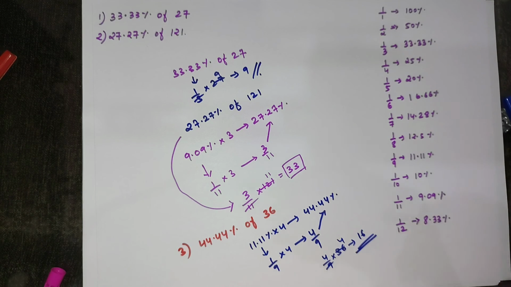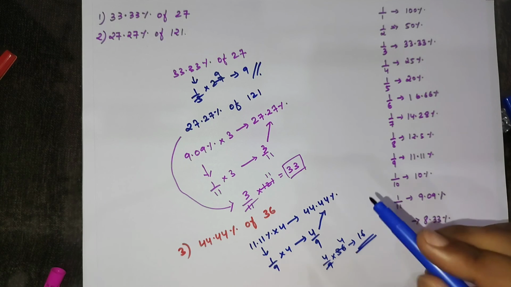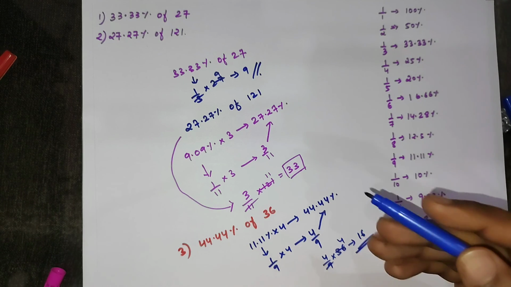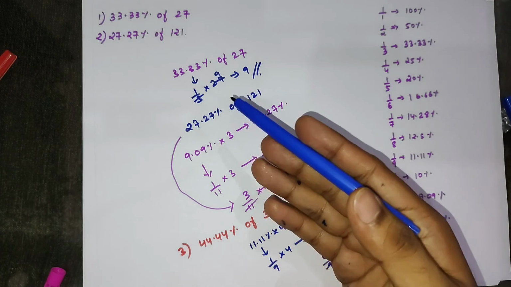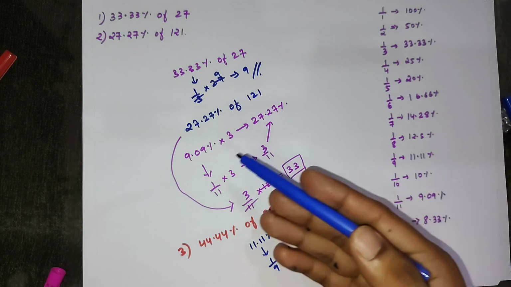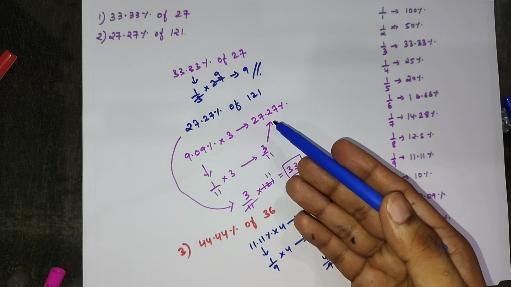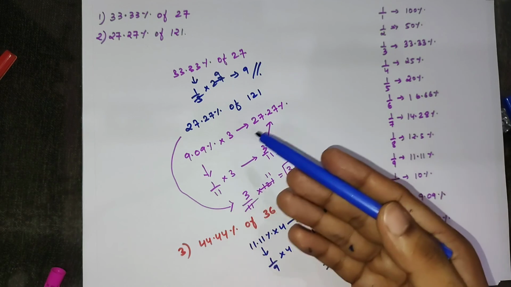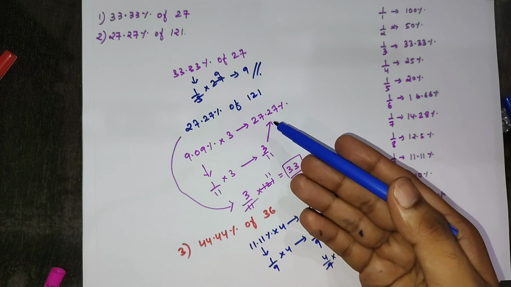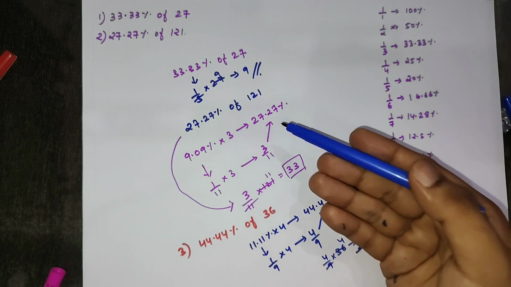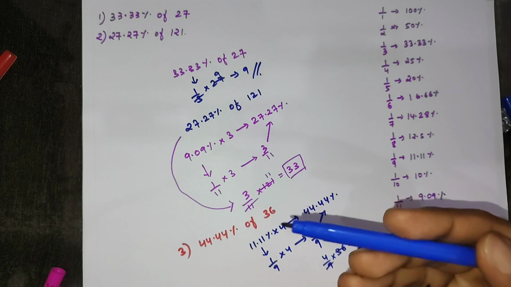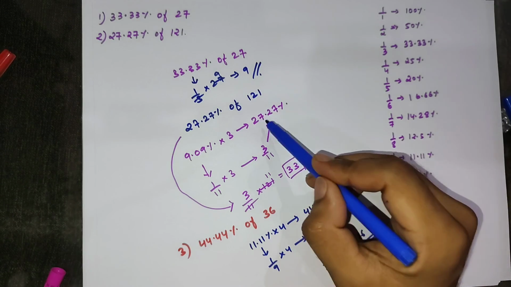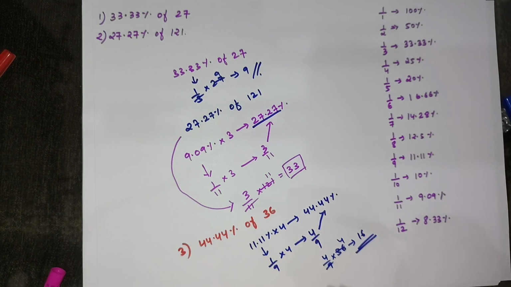When I started learning this, it was very difficult for me also, but with practice I came to know the value of 33.33%, that is quite obvious. But what is the value of 27.27%? For me also, the first time it was quite difficult to understand and to notice that. But later on with practice I am now much more comfortable in getting the value of this also. So the key is to keep practicing.